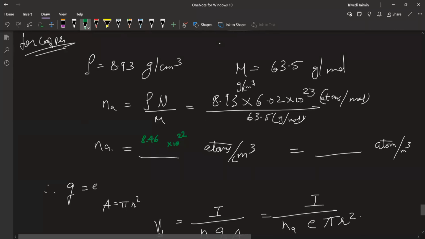Okay, now what about this one? If I want to convert into meter cube, what shall I do? Shall I write the answer, or do you want to give your answer?